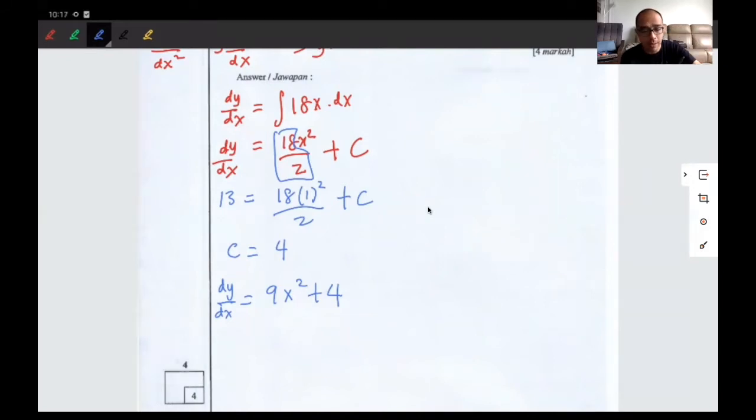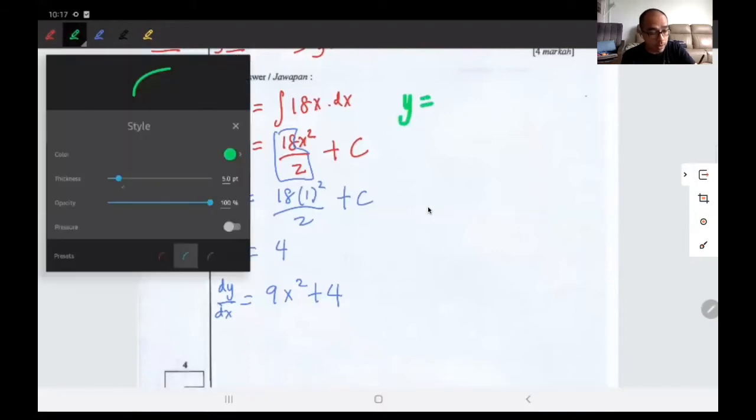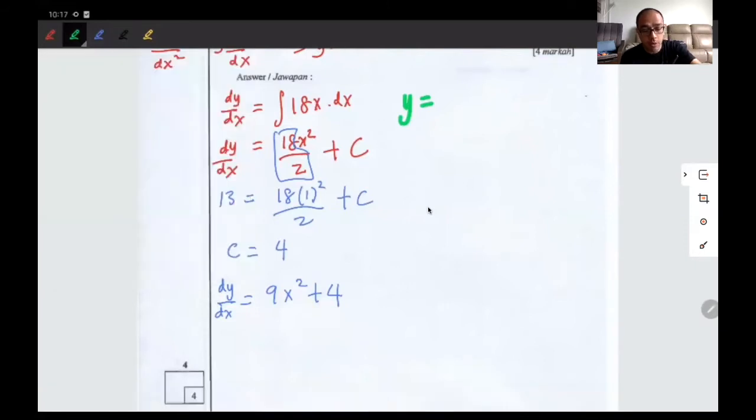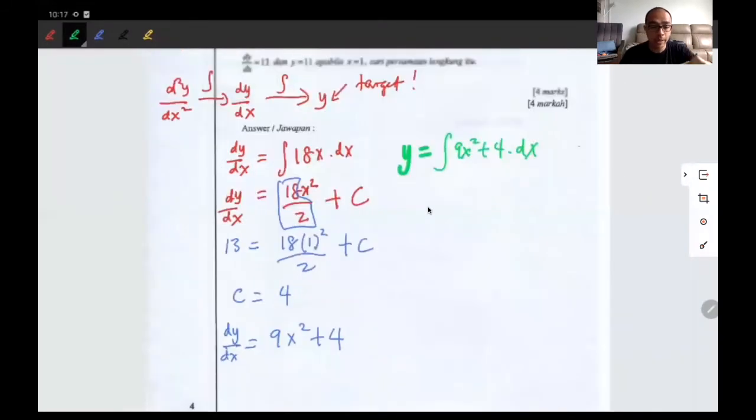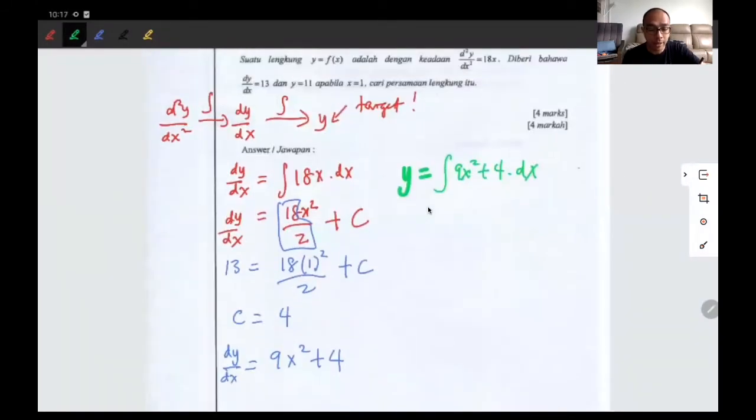That's pretty simple. So I'm going to change color. Y equals to, oh dear, so tebal. Hold on. Okay, so y equals the integration of 9x squared plus 4 terhadap dx. Because kita berpegang kepada ini. Bila kita integrate d2y dx2, kita akan dapat dy dx.